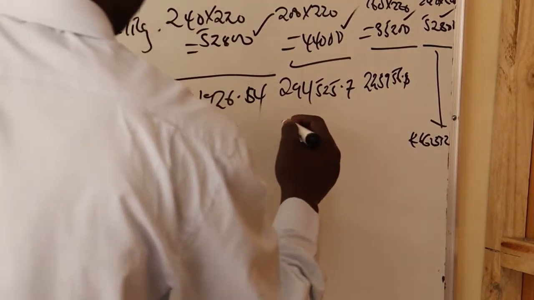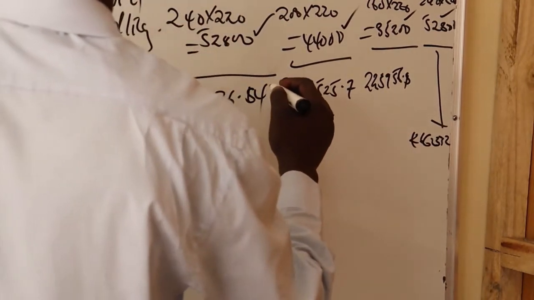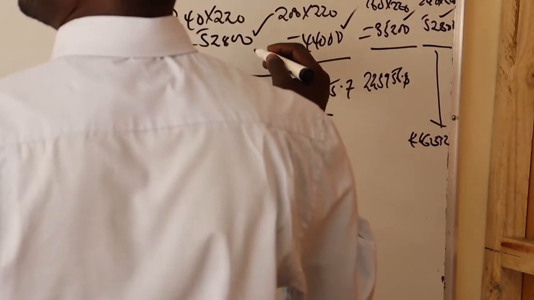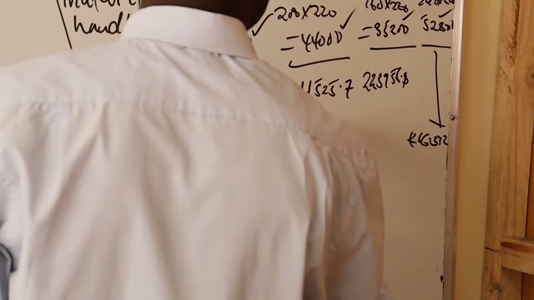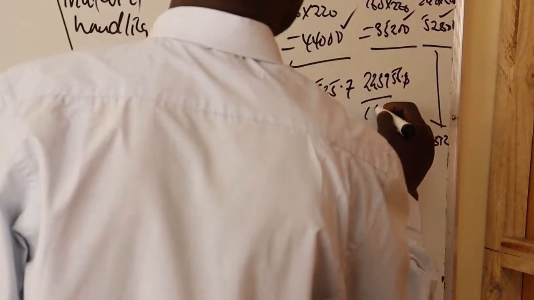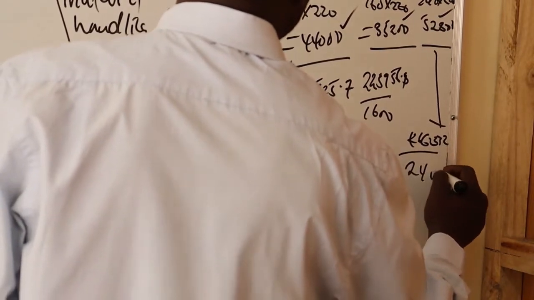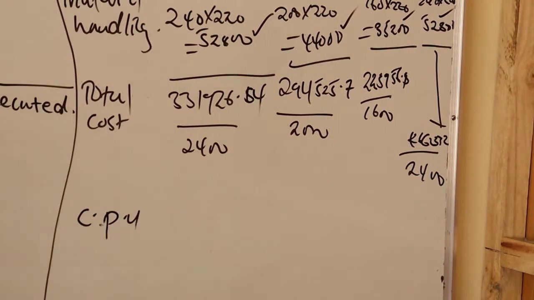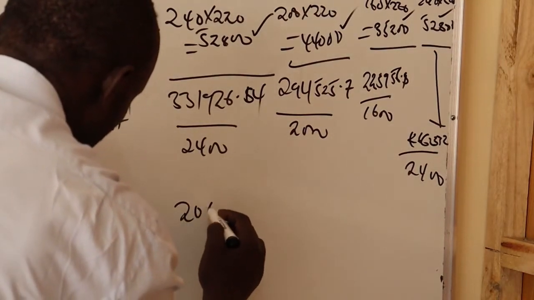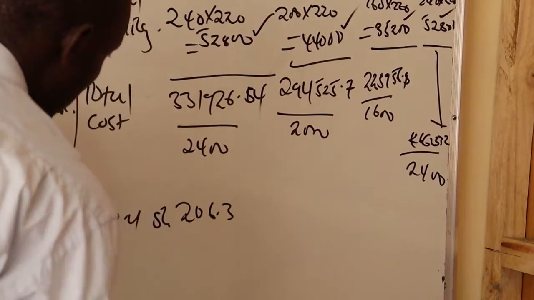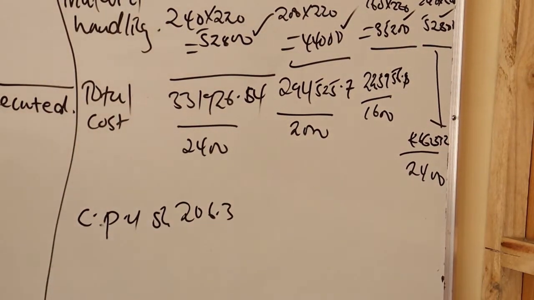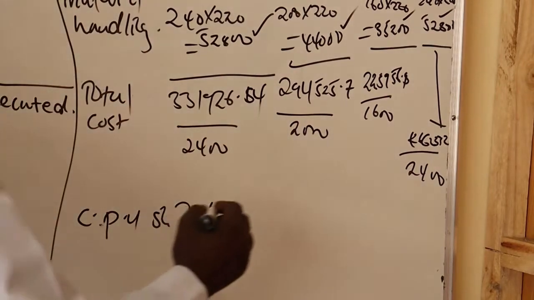Here we're going to divide by 2,000. And here we're going to divide by 1,600. And here 2,400. So the cost per unit is 206.3 shillings here. The next one will be 218.26.